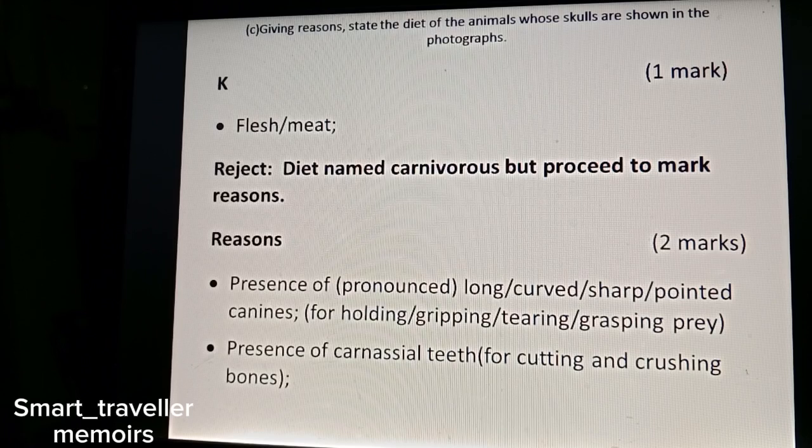Reasons, presence of pronounced long, curved, sharp pointed canines for holding, for gripping, for tearing, for grasping prey, any of those ones. Presence of carnassial teeth for cutting and crushing bones, or you just say presence of carnassial teeth.